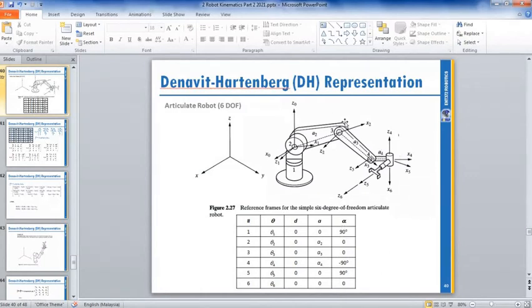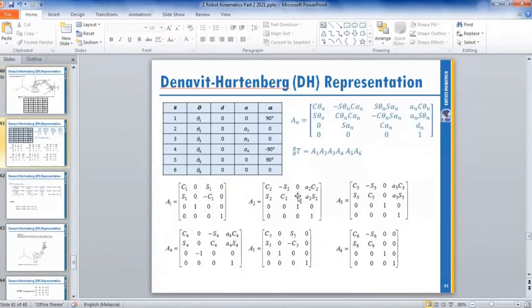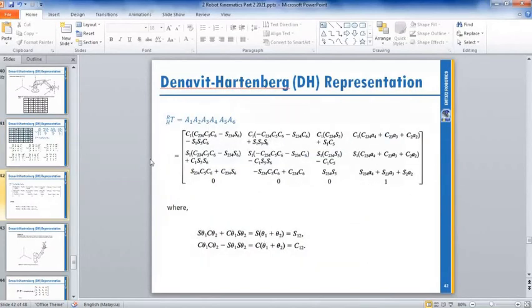Suddenly at this joint the link changes to Z vertical. So your DH parameter table will be changed. When your DH parameter table changes, after you develop your A matrices, you multiply each row of the DH parameter table, so you will get a different matrix formula.